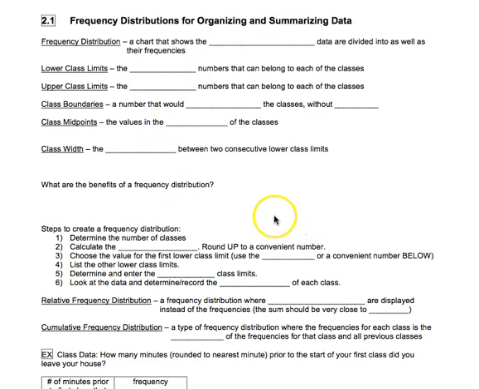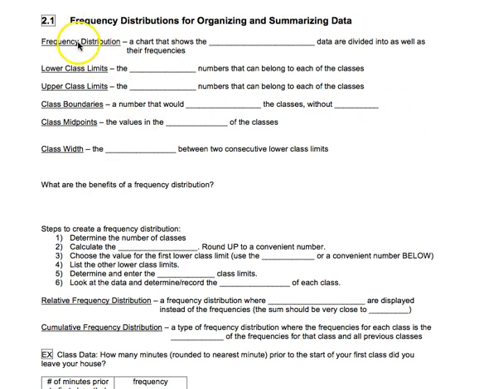So here we are still in the preparing and moving toward analyzing, because when we organize it, that allows us to analyze it. So we still have some definitions, that's not going to go away, but we are going to start to get a little more math involved.